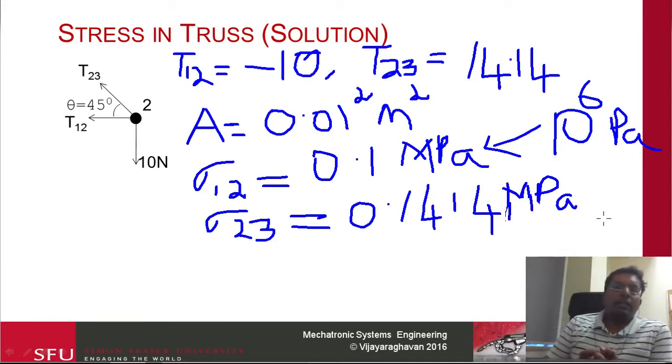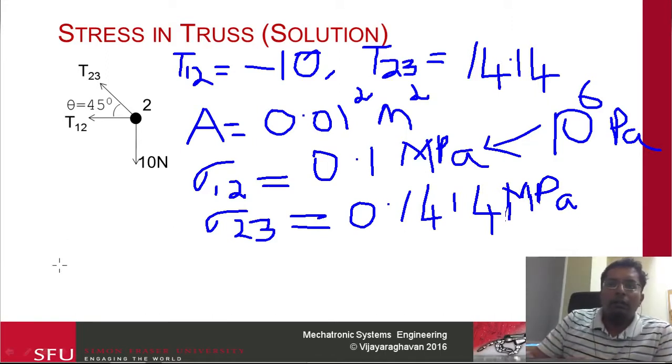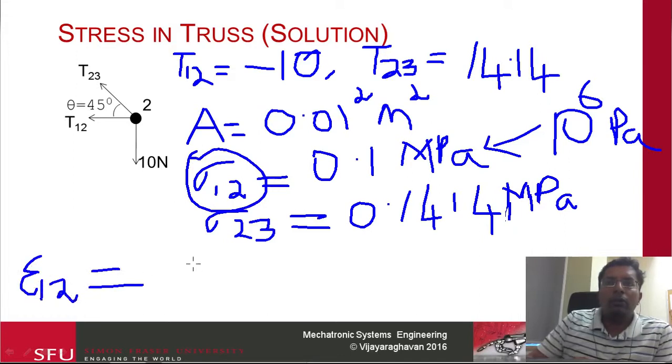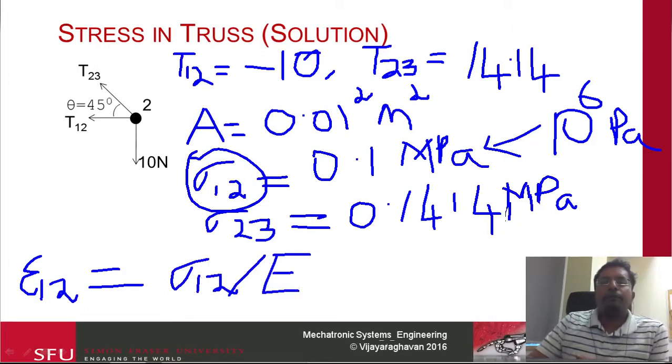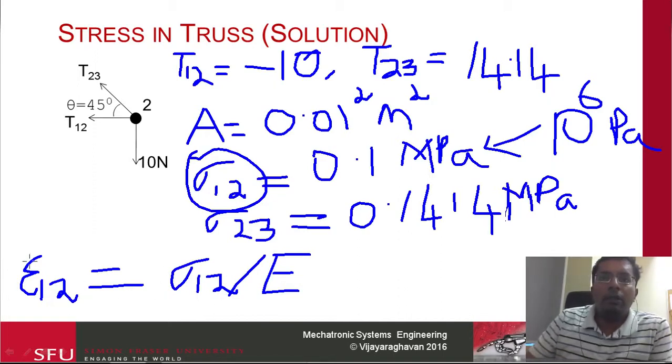Once I have this, I can calculate the deflection. Since I know the stress, the strain epsilon 1,2 would be equal to sigma 1,2 divided by the Young's modulus. Similarly, epsilon 2,3 would be sigma 2,3 divided by the Young's modulus.